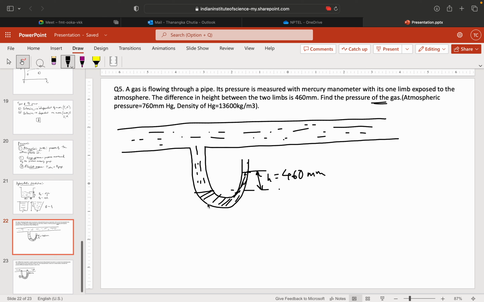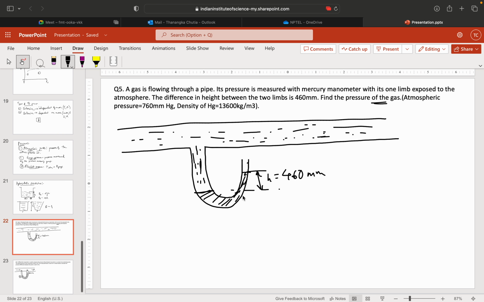What we know is that this gas is always in motion, but this part is at rest. We cannot apply it here because this is not a liquid, so we will apply this part here.